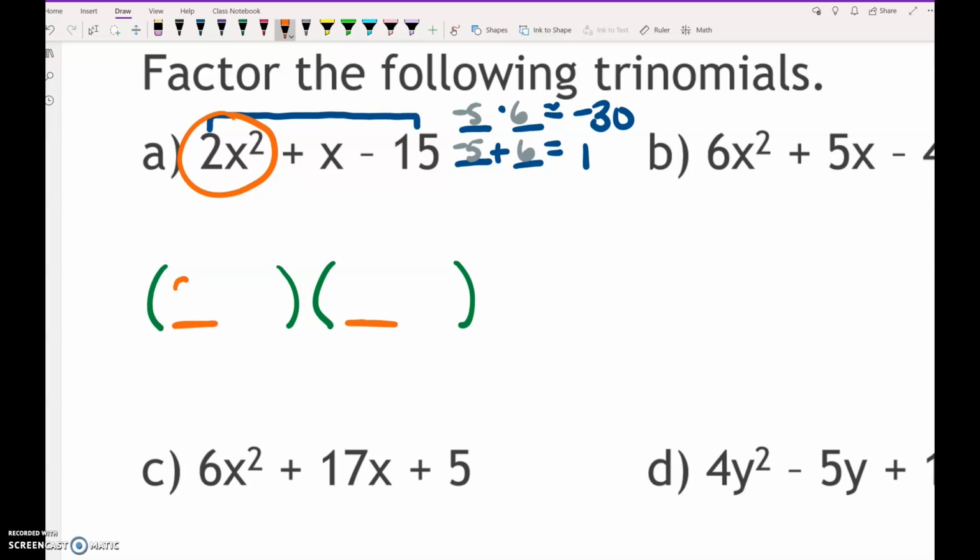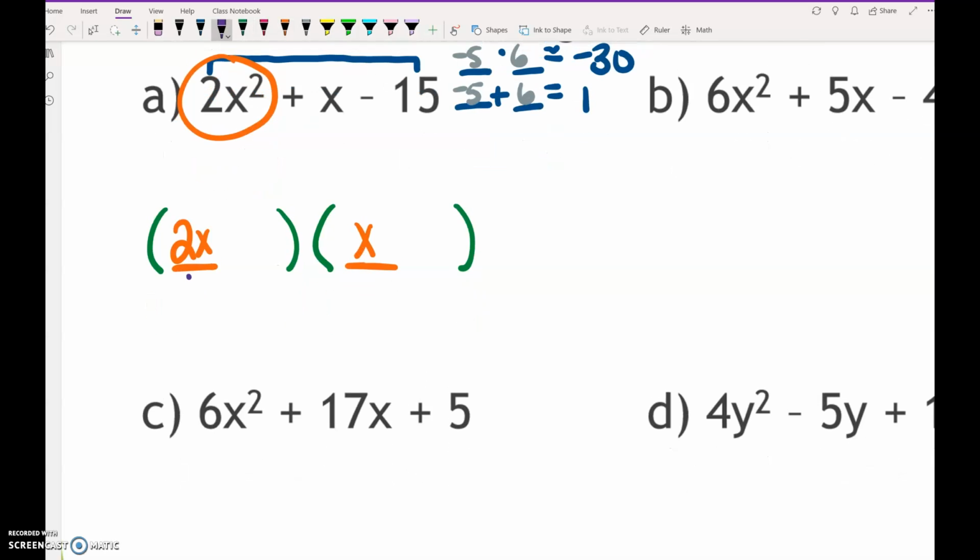So let's do like a 2x and an x. 2x times x is 2x squared. 2x times whatever that number is going to give us either -5x or +6x. This is where those two numbers are used. Would it make sense to use -5 there?